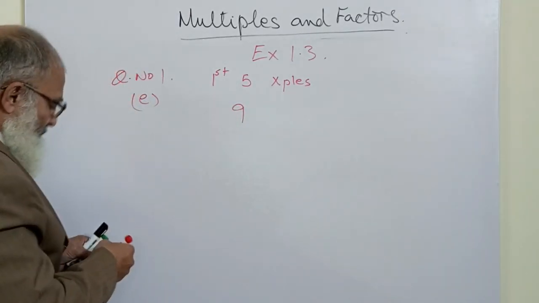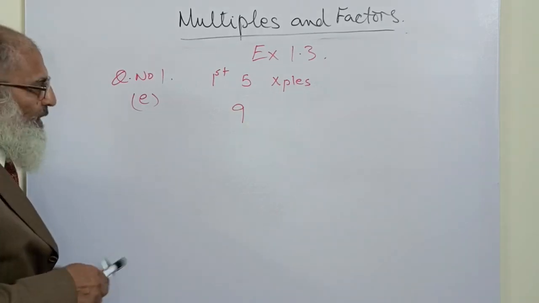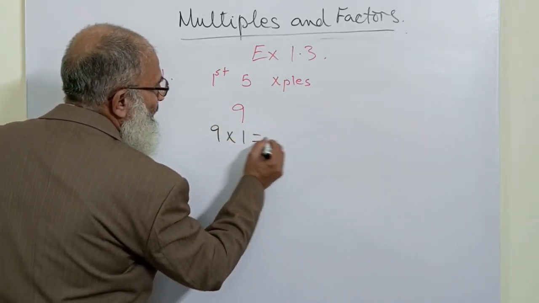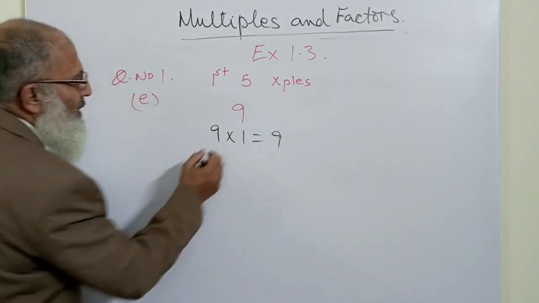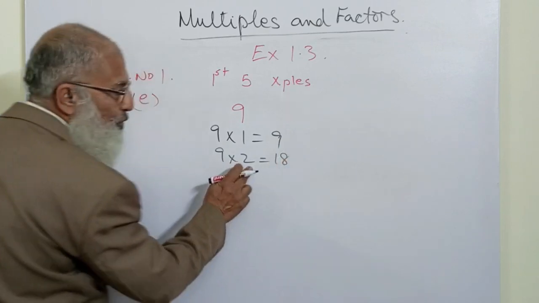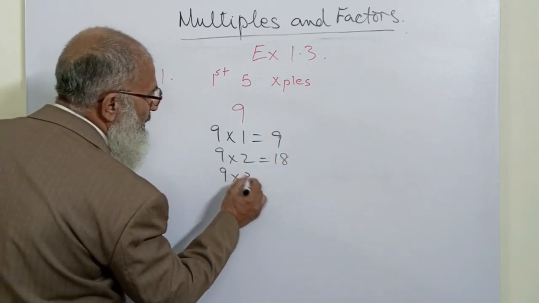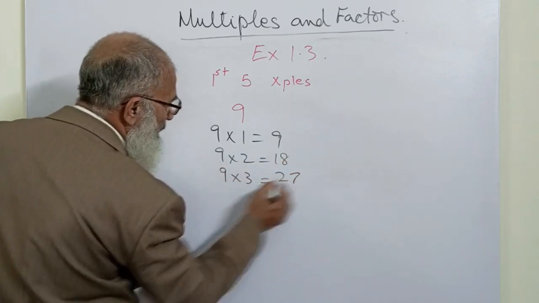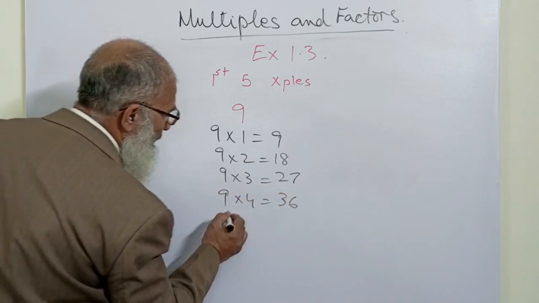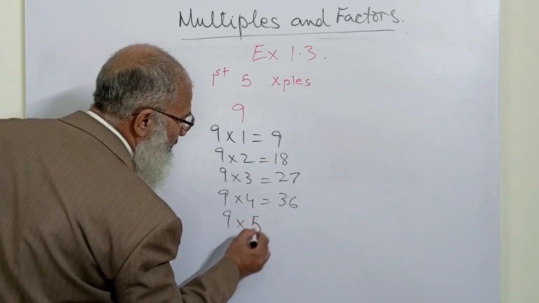So what we do, as you know, the first multiple is the number itself. The second is times 2, times 3, times 4 and times 5.